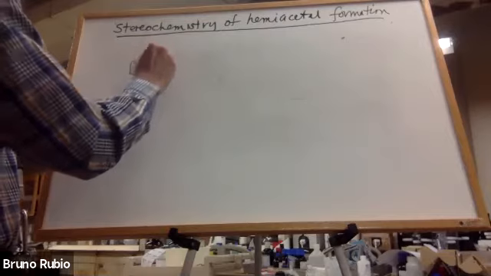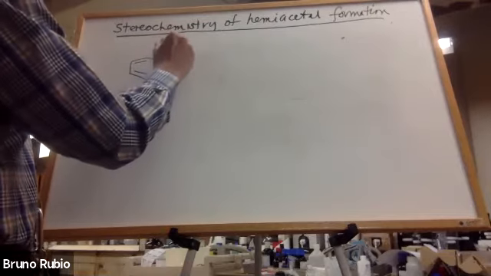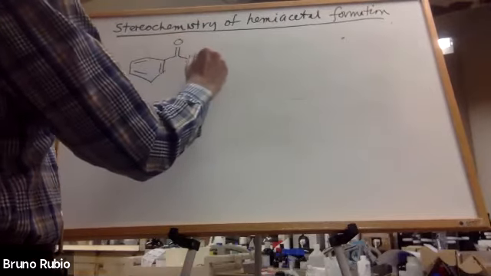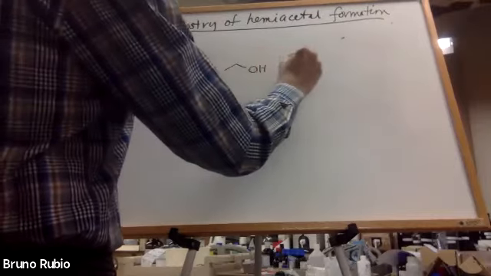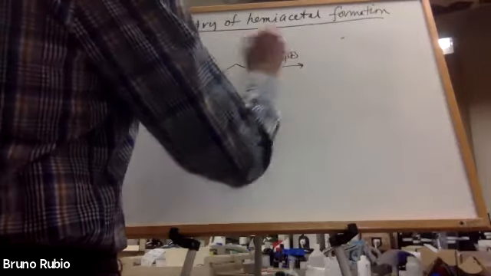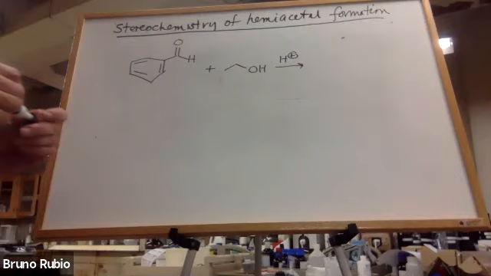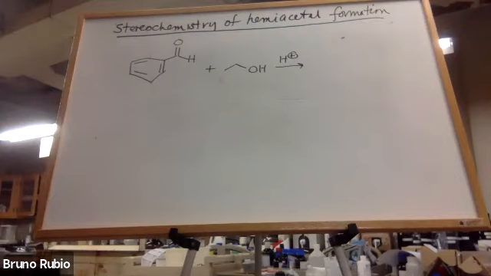Okay, so what about this guy, benzaldehyde plus ethanol, acidic conditions. Draw the structure of the product and tell me, is the product a single compound, a mixture of enantiomers, or a mixture of diastereomers?